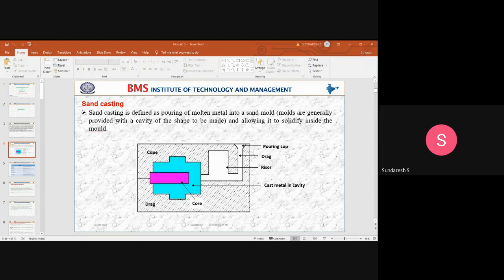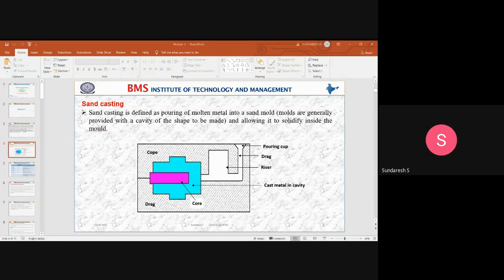So once you get a mold cavity, the metal from which you're supposed to make the casting is heated to its molten state and poured through the runner. We have to ensure that a sufficient amount of molten metal has filled the mold cavity. So you have to pour the molten metal until it comes through the riser.